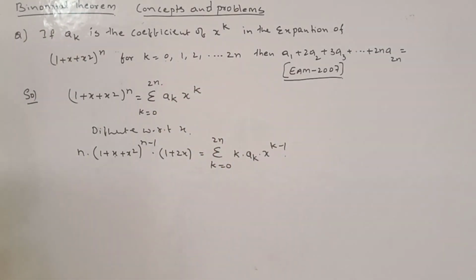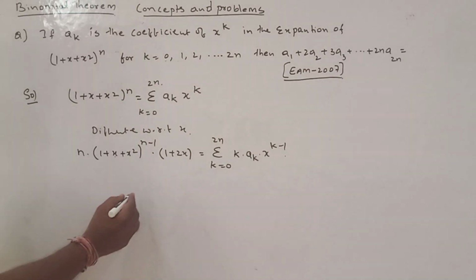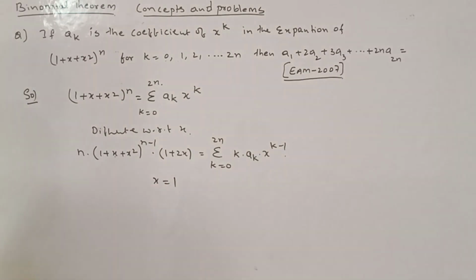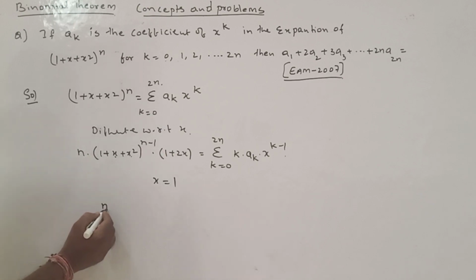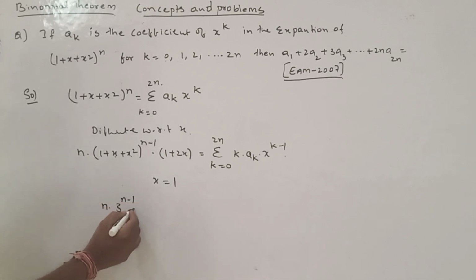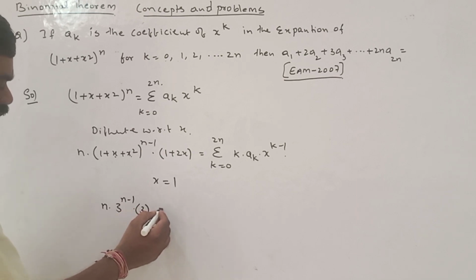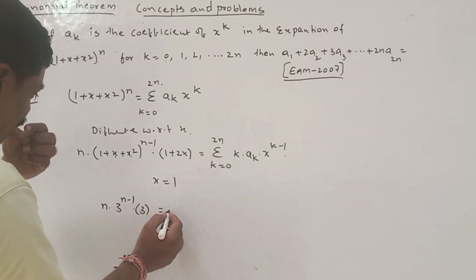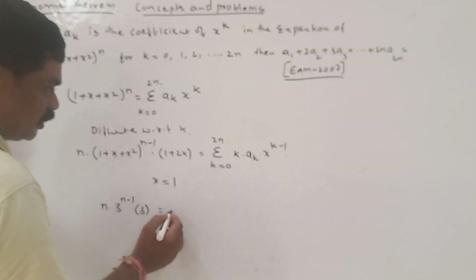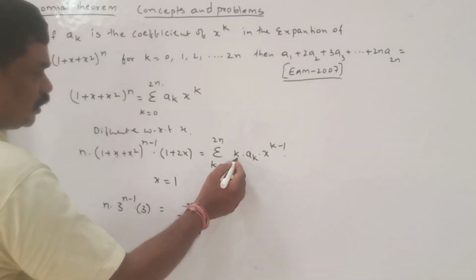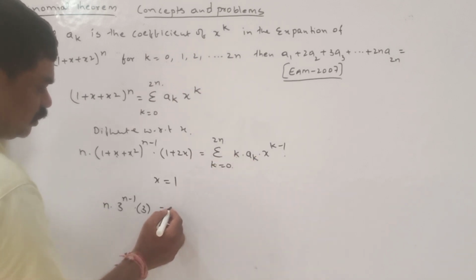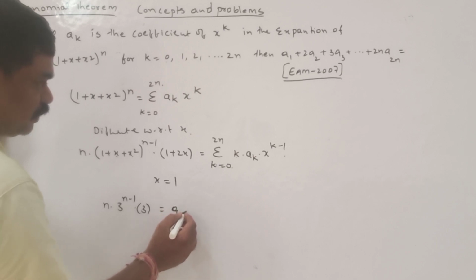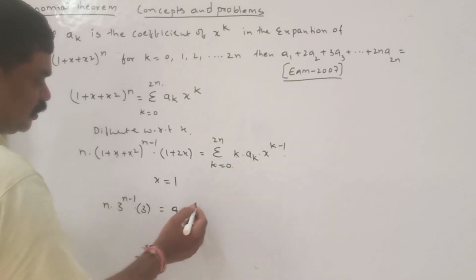Okay, if x is equal to 1, you substitute x equal to 1. Then what we will get? 1 plus 1 plus 1 is 3, so n into 3 power n minus 1 into 3 equals the sum where k is equal to 0 gives 0 into something, 0. For k equal to 1, that is a1, with 1 power k minus 1.